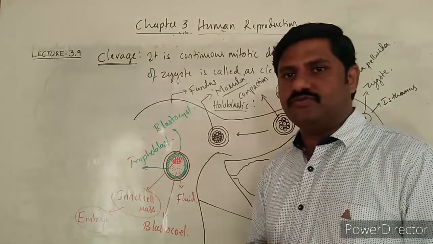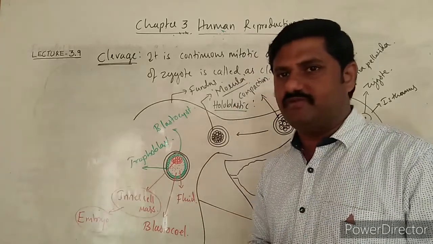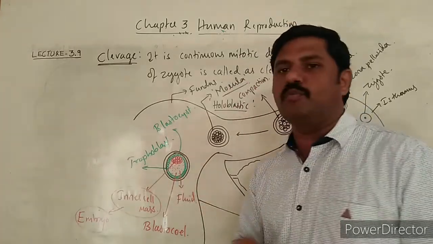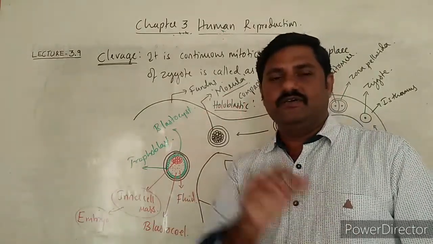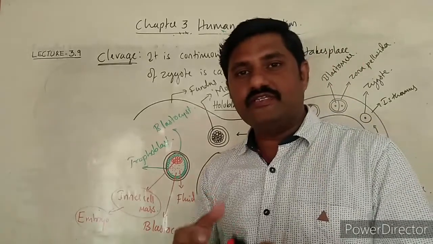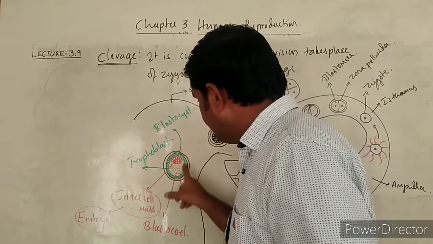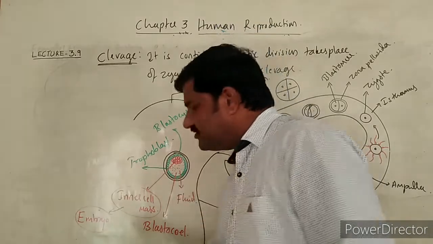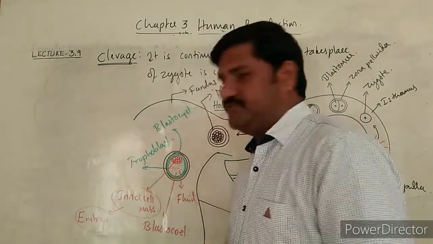This blastocyst is present inside the hard zona pellucida. When the blastocyst is formed, gradually the zona pellucida becomes thinner. It starts to become very thin, and gradually it starts to break. When it starts to break, at that moment the blastocyst hatches out of it.